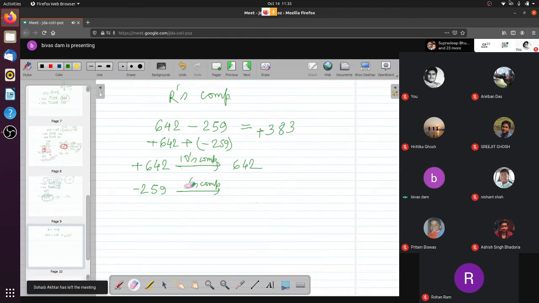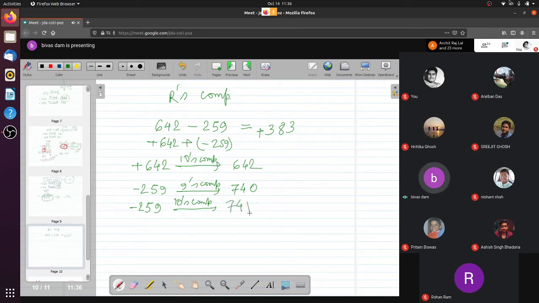First, find out the ninth complement. That will be your 7, 4, 0. Then minus 259. 7, 4, 1. Okay, I am adding 1 with the least significant position.